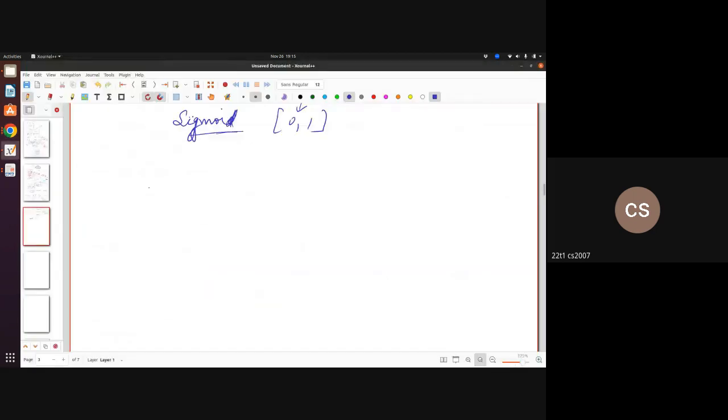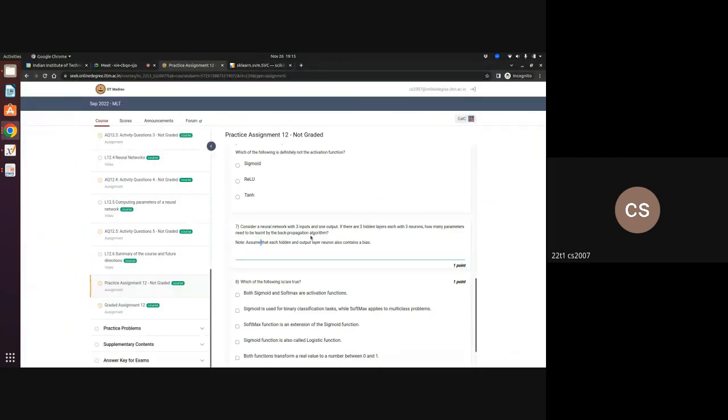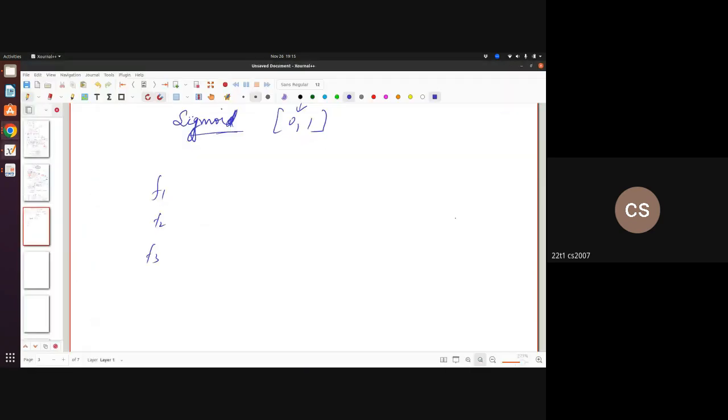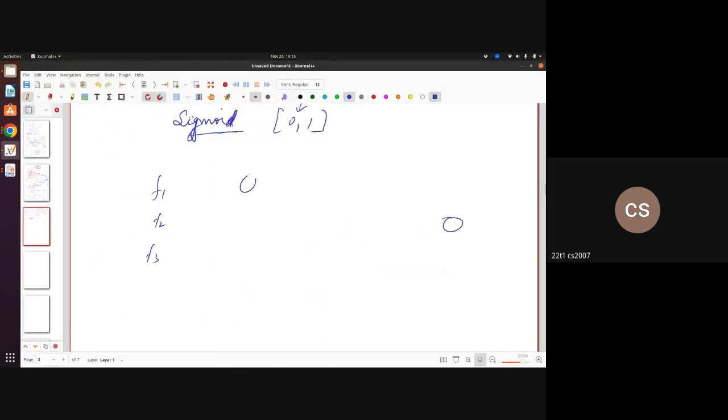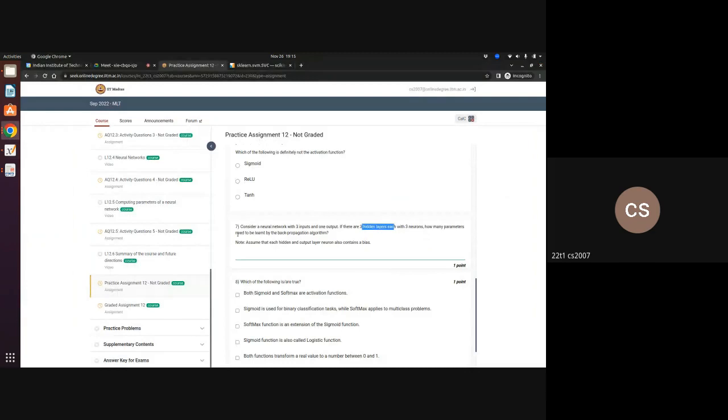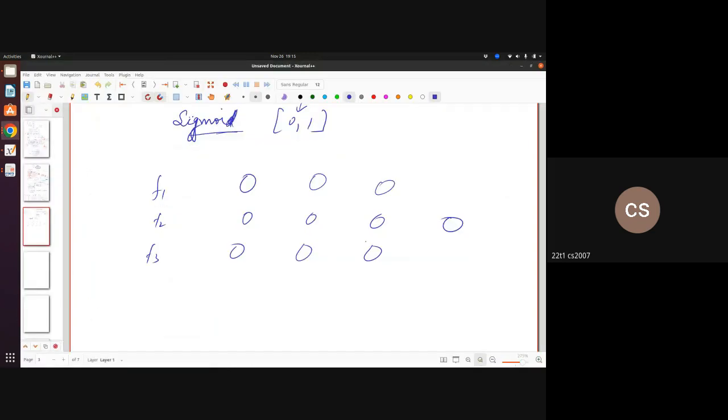Three inputs, f1, f2, f3, and one output. Three hidden layers, each with three neurons: one, two, three, one, two, three, one, two, three. Each neuron has a bias also.